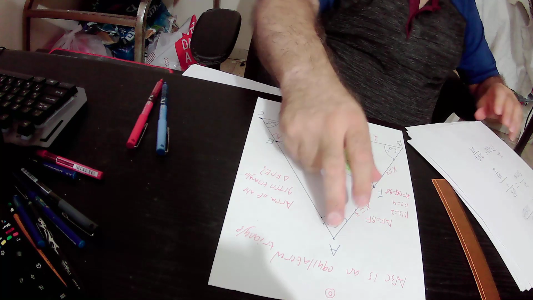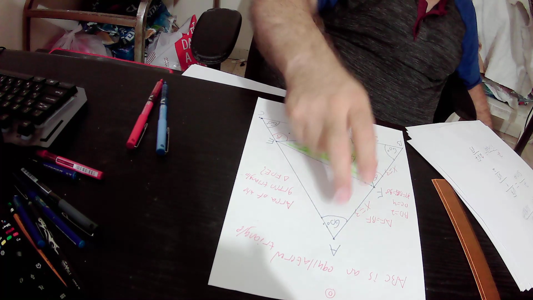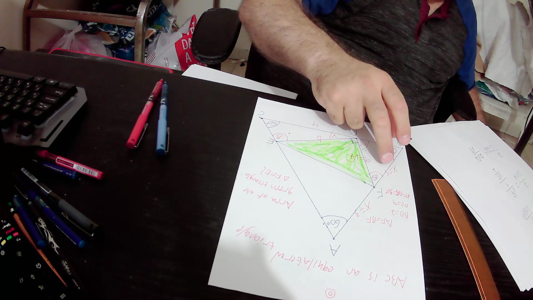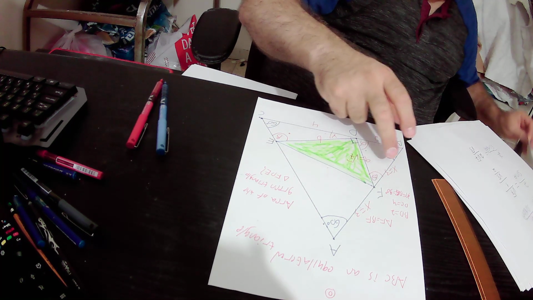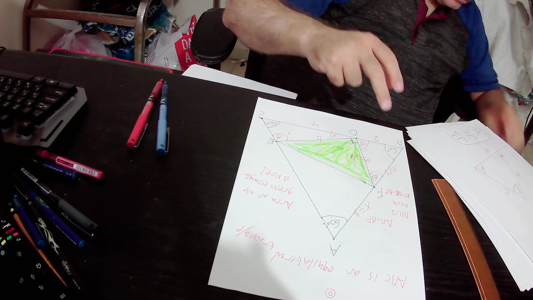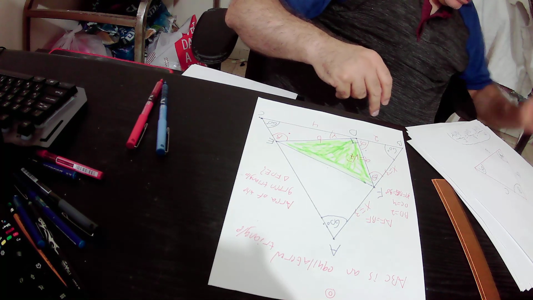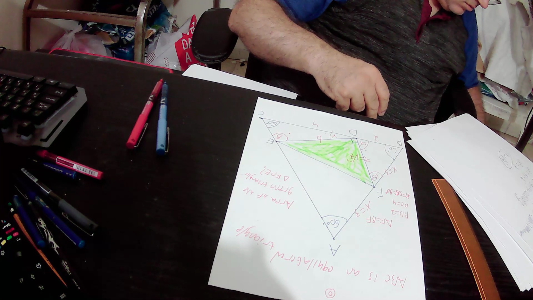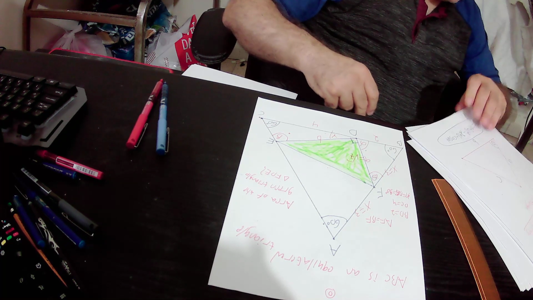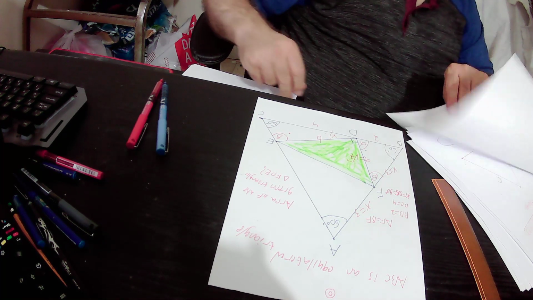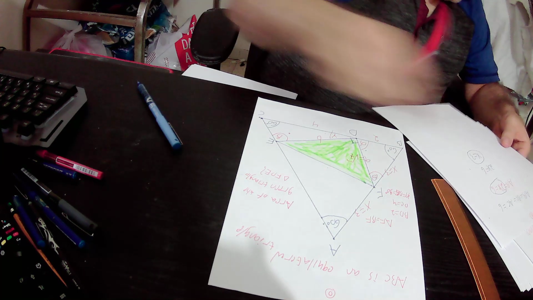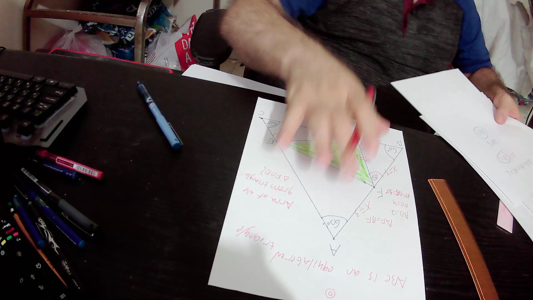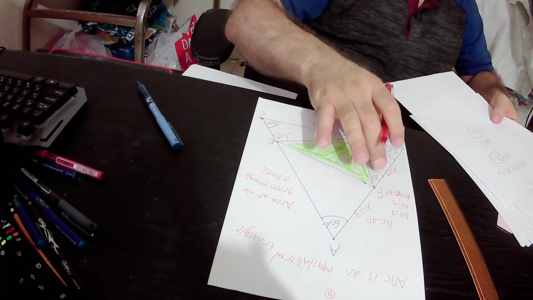So we defined AF as X, and if AF equals X and AF equals BF, then BF also equals X. And we know that AB equals AF plus BF.